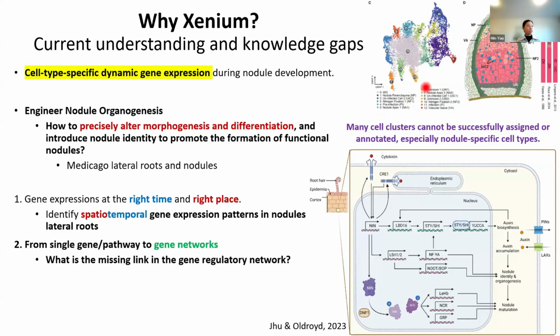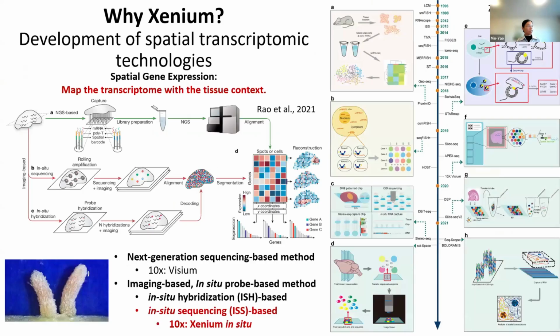This can make some specific clusters relatively challenging to annotate. At the same time, some specific cell types might be much more difficult to isolate in this preparation process. So this is where spatial transcriptome technology comes in.